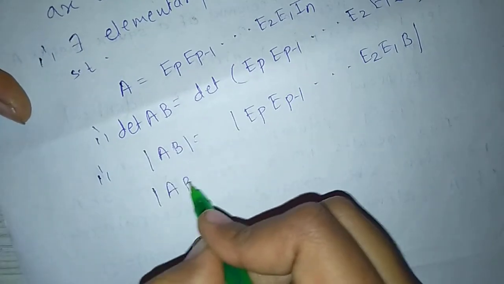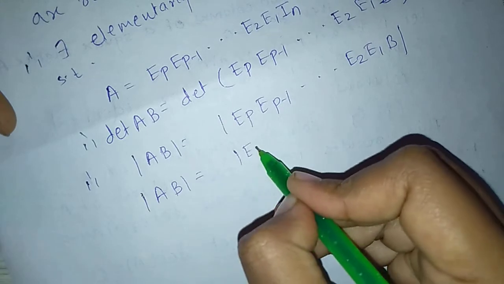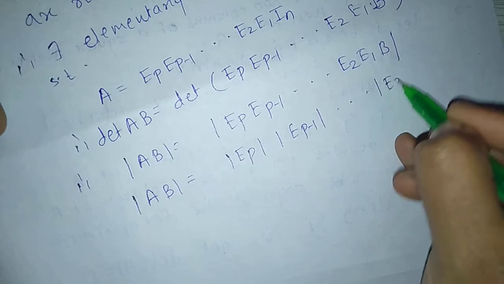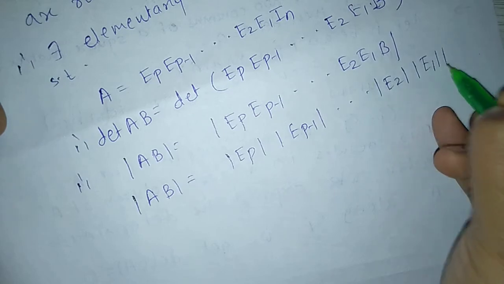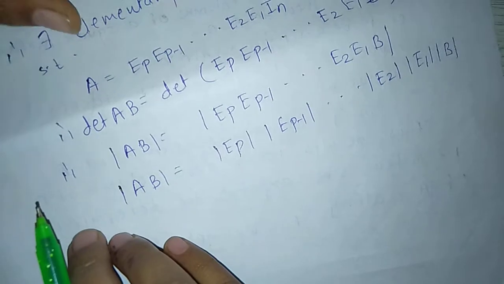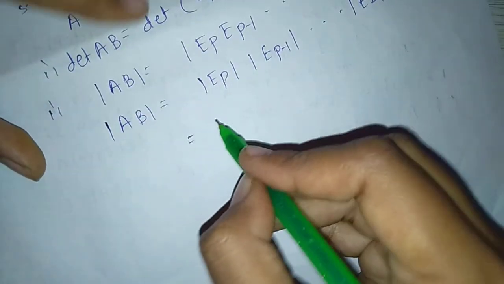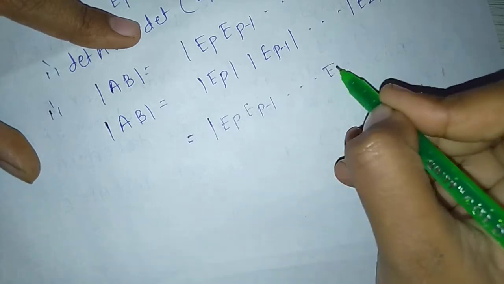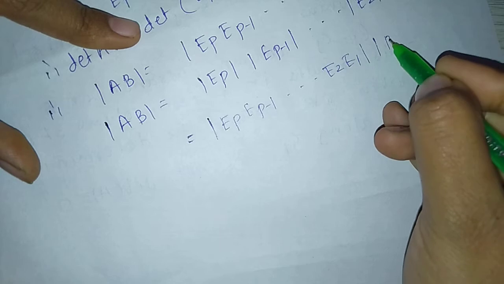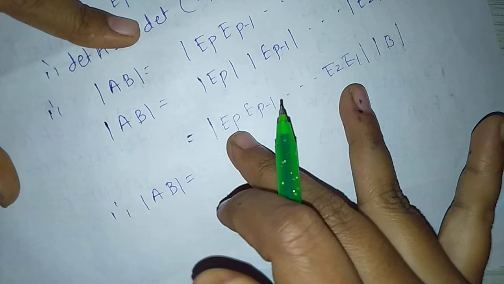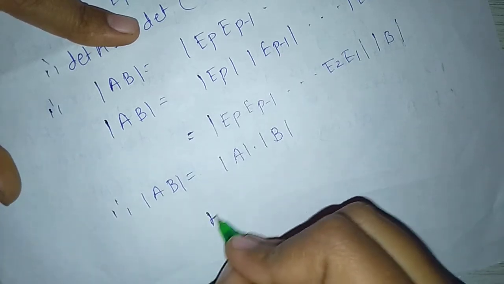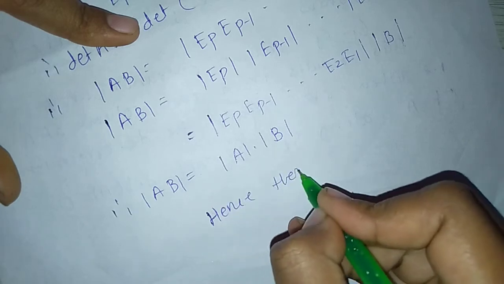Therefore, determinant of A into B equal to determinant of EP, determinant of EP minus 1 and so on, determinant of E2 into determinant of E1 into determinant of B, equal to determinant of EP, EP minus 1 and so on, E2, E1 into determinant of B. Therefore, determinant of AB equal to, this is nothing but the determinant of A into determinant of B. Hence, theorem is proved.